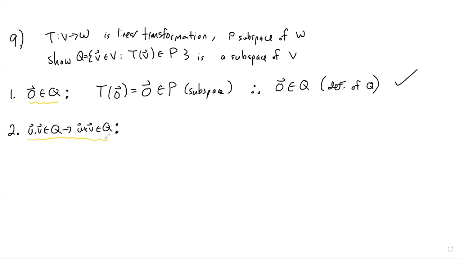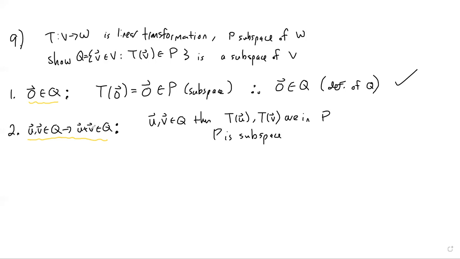And so again, we need to rely on the definitions that were given. So the definition of what it means to be a subspace P and the definition of this set Q. So if U and V are in Q, then we get to use that definition of Q. That means that T of U and T of V are going to be in P. And since P is a subspace, I know I can add those things together.